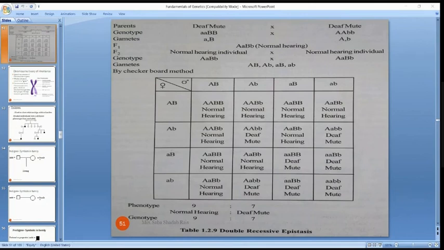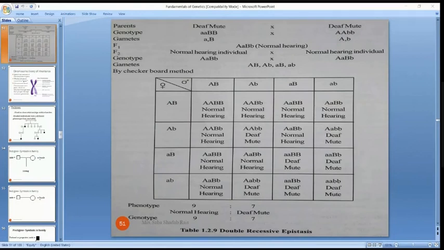In the case of the recessive epistasis, what would be the ratio? The ratio will be 9:3:4. In the case of the recessive epistasis, I repeat, the ratio will be 9:3:4.